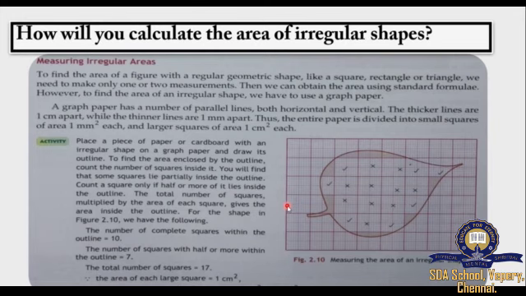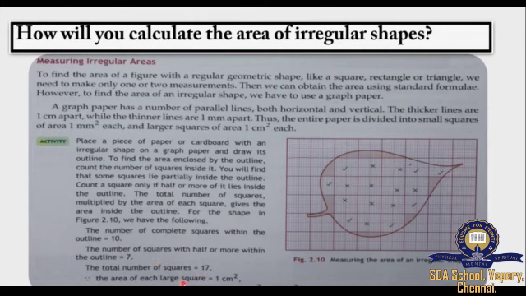The total number of squares multiplied by the area of each square gives the area inside the outline. For the shape in figure 2.10, we have the following. Number of complete squares within the outline is 10. Number of squares with half or more within the outline is equal to 7. The total number of squares is equal to 17.